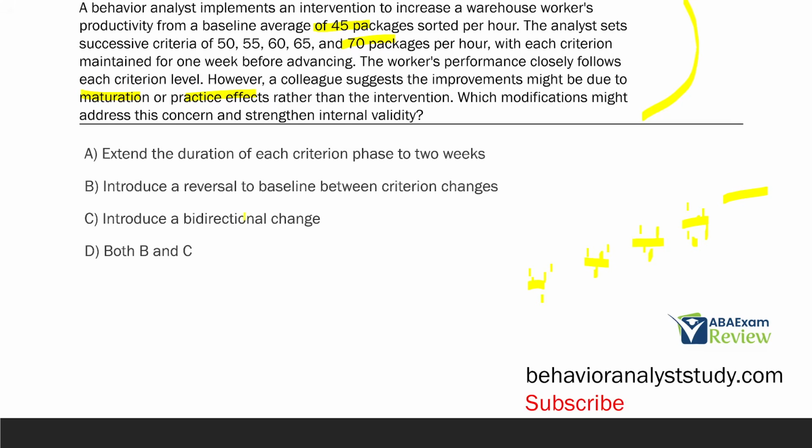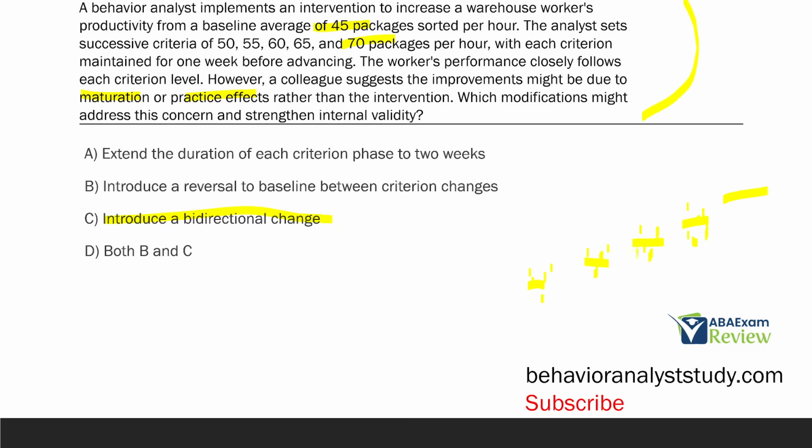B, introduce a reversal to baseline between criterion changes. Now, with a changing criterion design, going back from 70 all the way to 45 isn't necessarily the best idea. Why? Because with a changing criterion design, there's a more empirical way to reverse the design, and that is to introduce a bidirectional change.